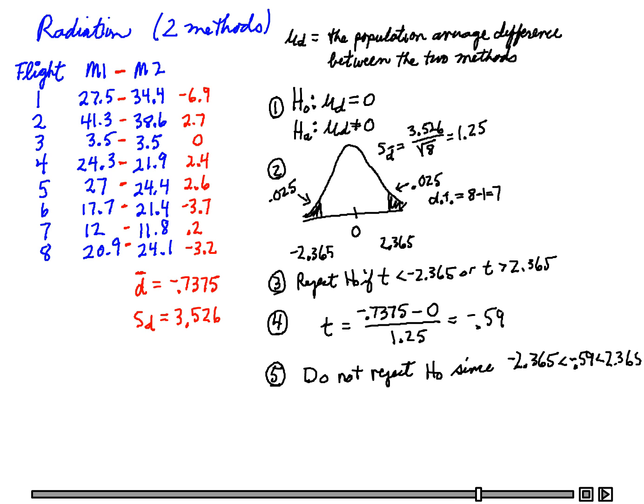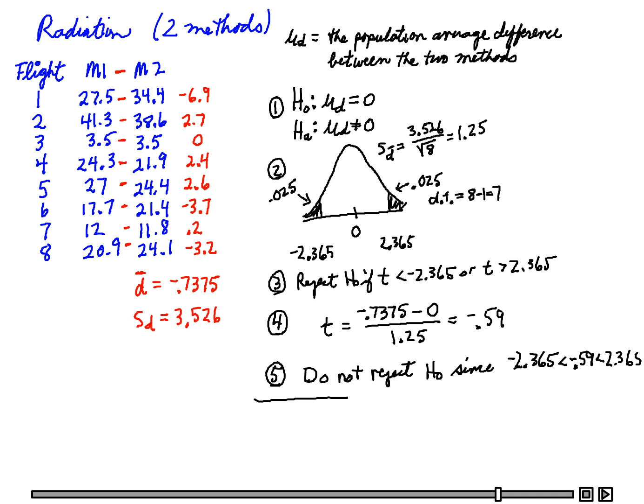Now, another way to look at this, of course, is running the test with a p-value. And if I use the table to do that, I would be under, again, row 7 with the 7 degrees of freedom, and looking at my test statistic of 0.59, I can see that the value will be greater than 0.20.